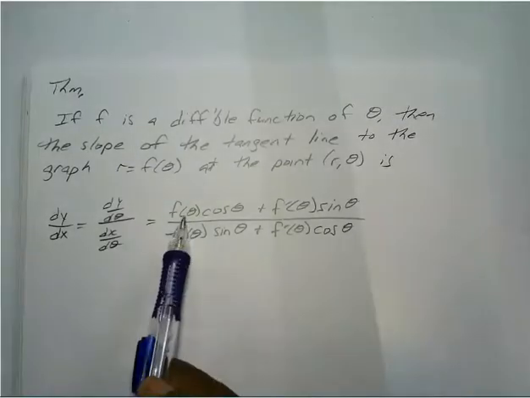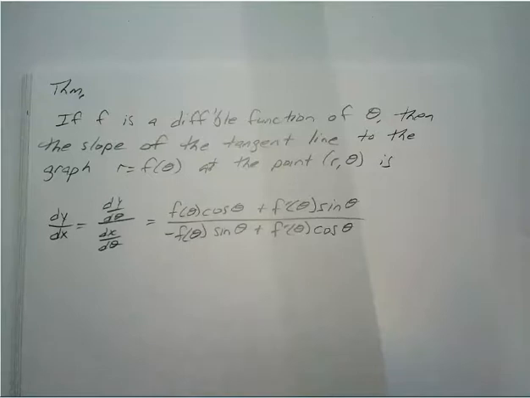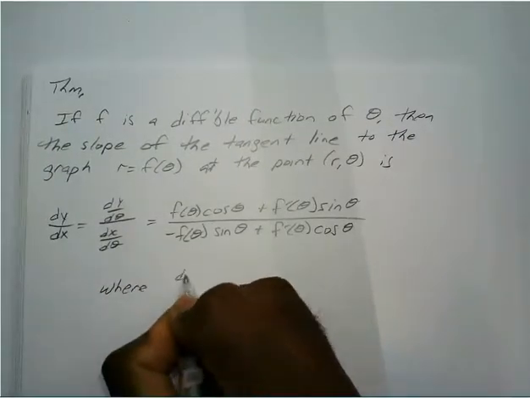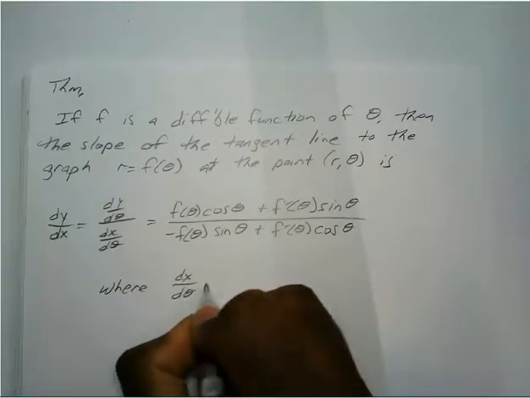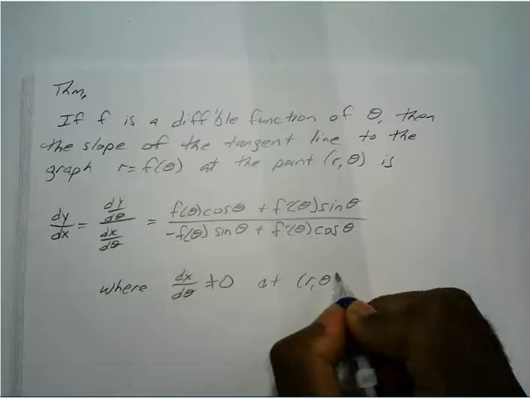Or, again, you can use r and dr d theta for f of theta and f prime of theta if you like. Not necessary. It all depends on your comfort level. And that's where dx d theta does not equal 0 at r, theta.